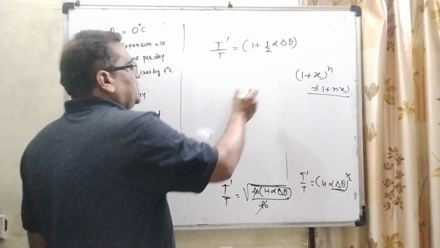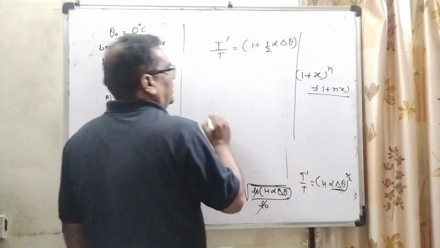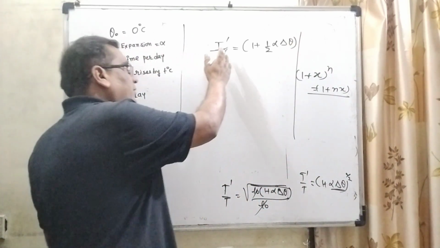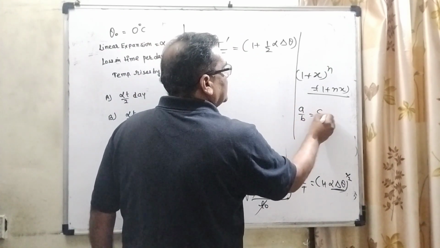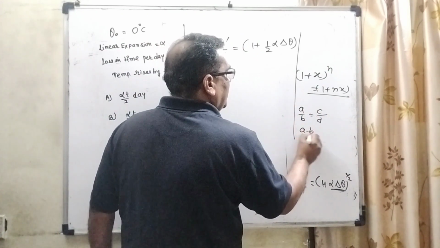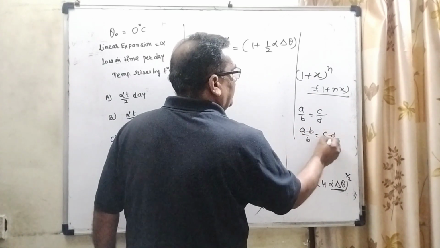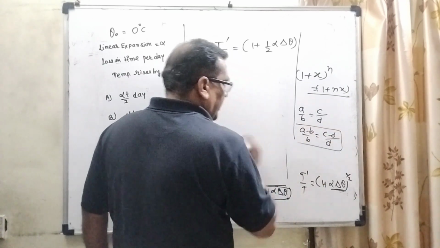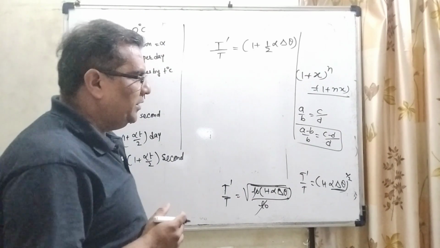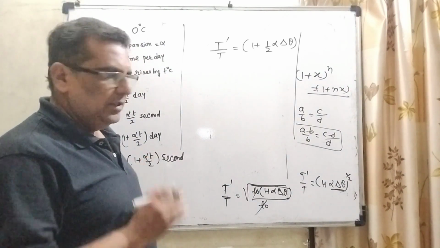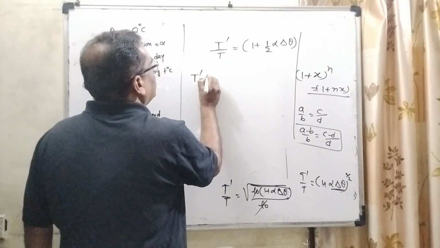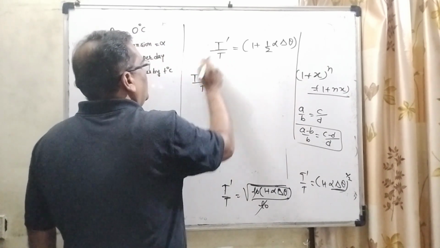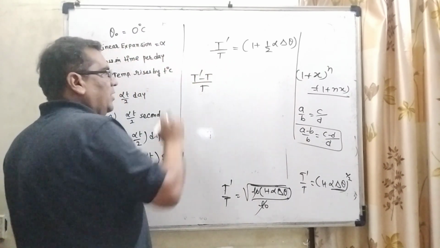Now using componendo and dividendo. Here we use dividendo. What is dividendo? If a upon b is equal to c upon d, then (a minus b) upon b is equal to (c minus d) upon d. This is dividendo, and componendo is (a plus b) upon b equal to (c plus d) upon d. So here using dividendo, (T dash minus T) upon T, numerator minus denominator upon denominator.